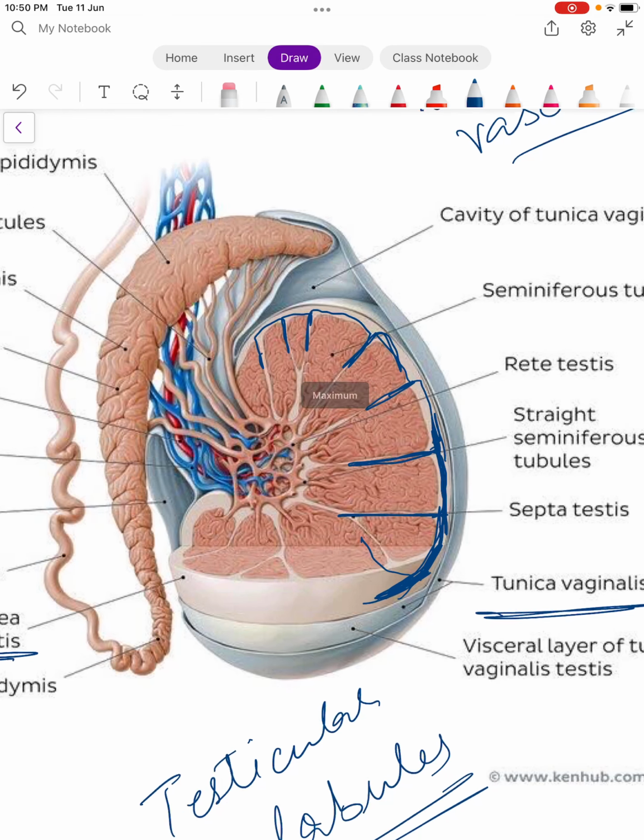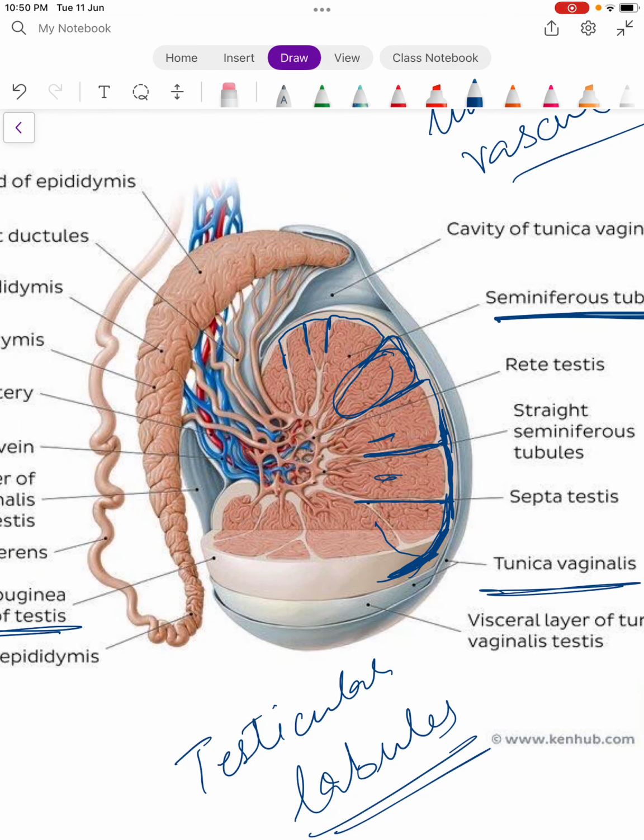So these are all seminiferous tubules. You can see all these are seminiferous tubules.